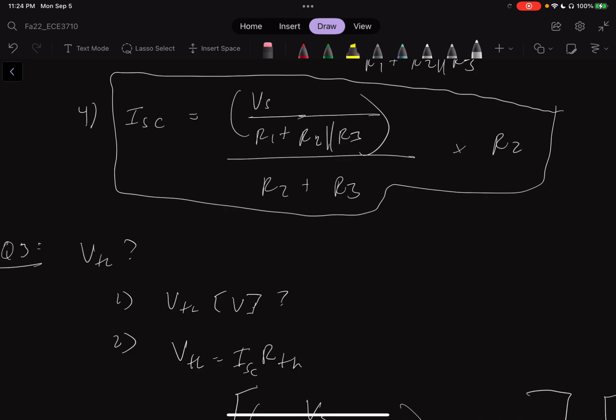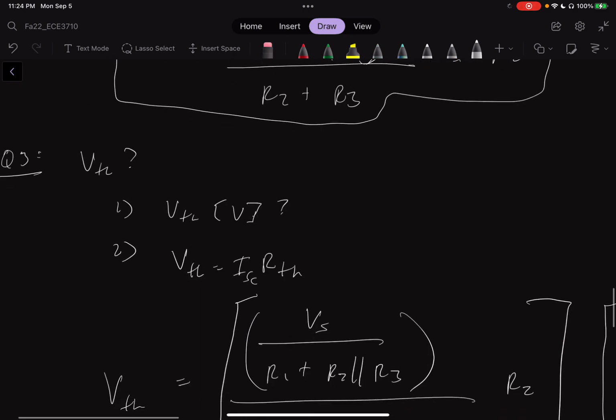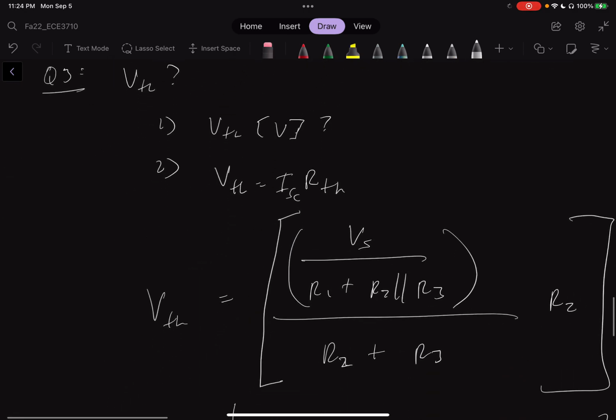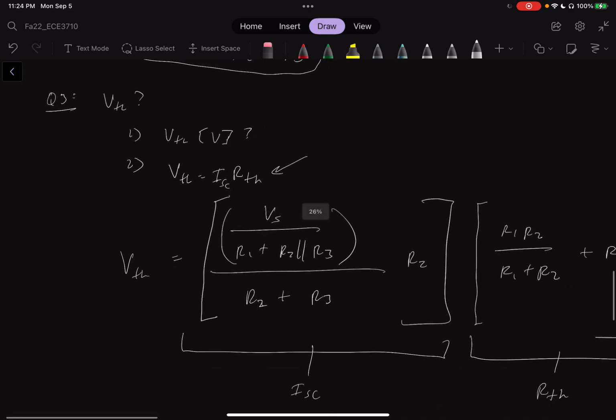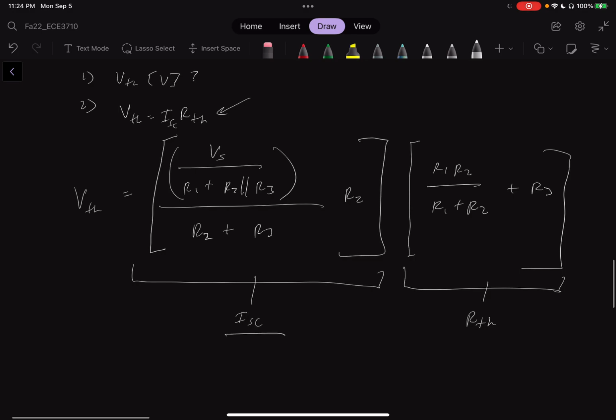Then we said, what if we wanted to know Vthevenin? Using the Thevenin and Norton equivalent circuits concepts, Vthevenin is equal to ISC times R Thevenin. And so we just substituted again what we got for ISC and what we got for R Thevenin. That's how we got Vthevenin.